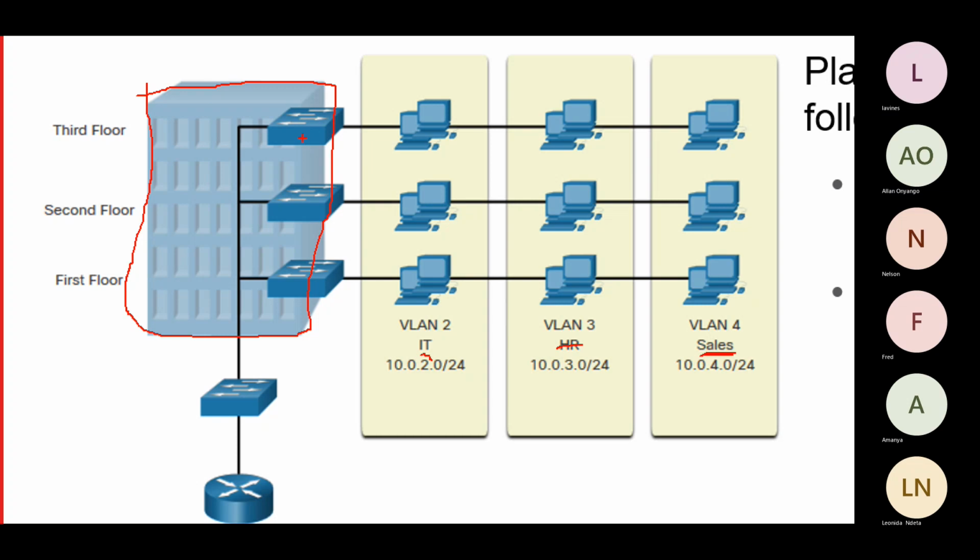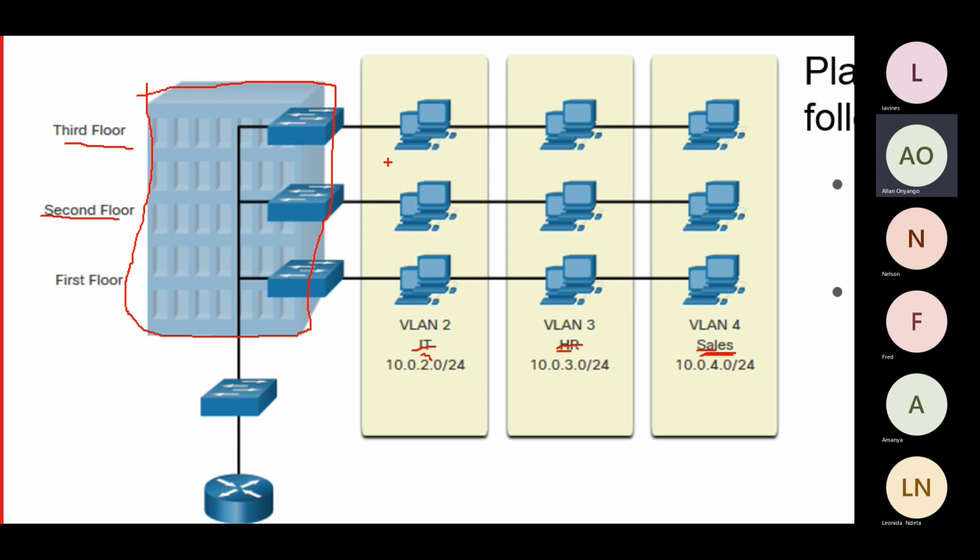Since they have staff on the 3rd floor, 2nd floor, and 1st floor, every floor has its own IT, HR, and sales. So IT, HR, sales on the 1st floor, IT, HR, and sales on the 2nd floor, IT, HR, and sales on the 3rd floor.